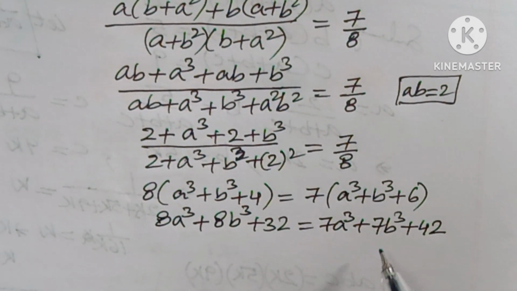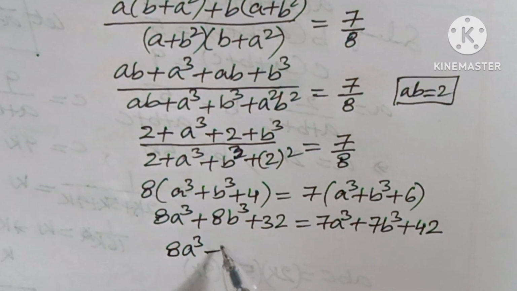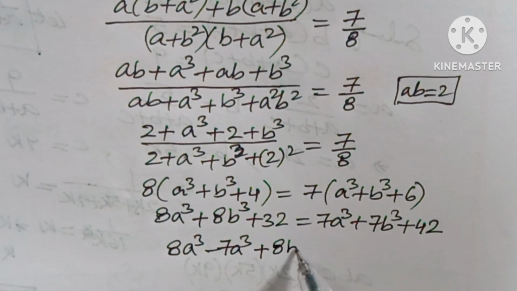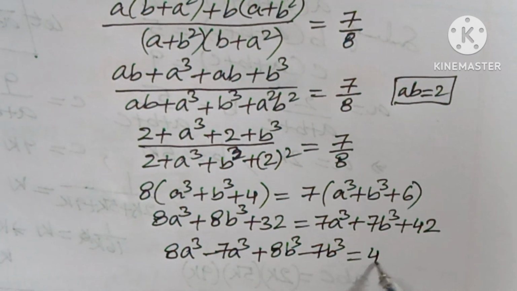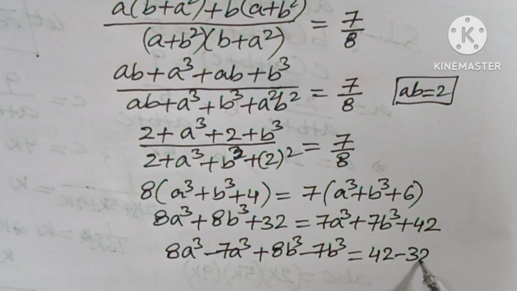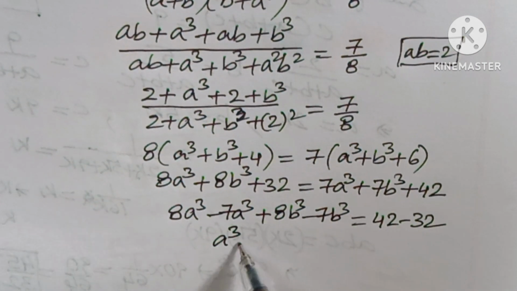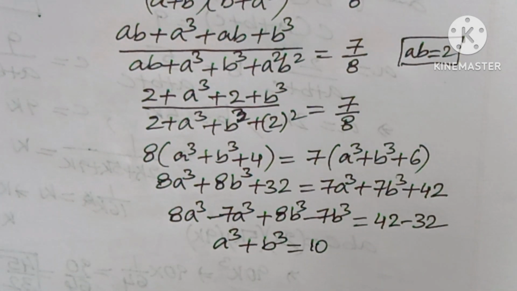Now send a³ and b³ to that side: 8a³ minus 7a³ plus 8b³ minus 7b³ is equal to 42 minus 32. So here a³ plus b³ is equal to 10.